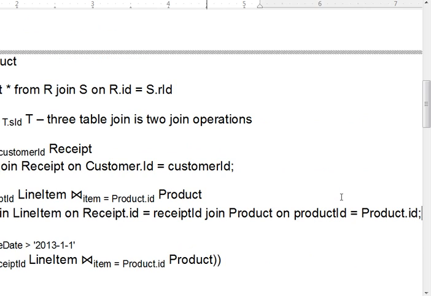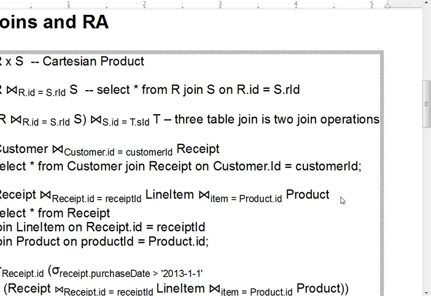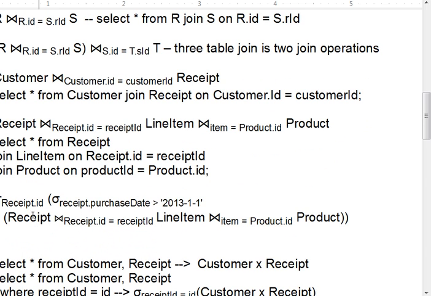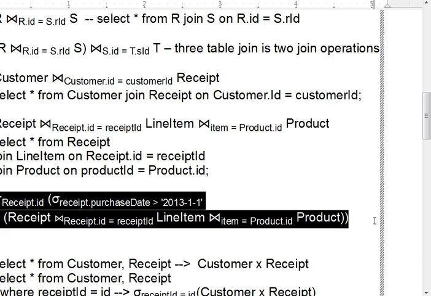And for the second one, relatively longer, break that up a little bit. Select star from receipt join line item on receipt ID equal receipt ID, and then join product on product ID equals product.id. Okay. Now, try adding the other two operators we already know to translate this rather larger expression into SQL.